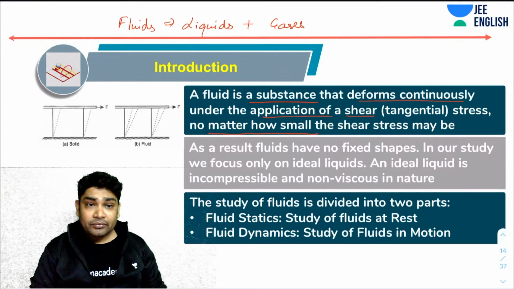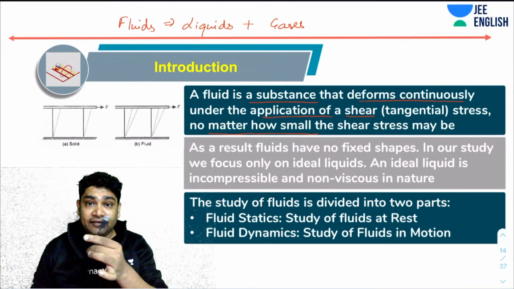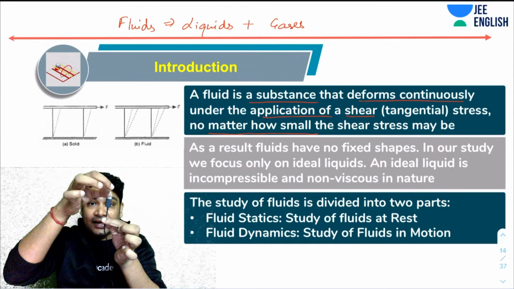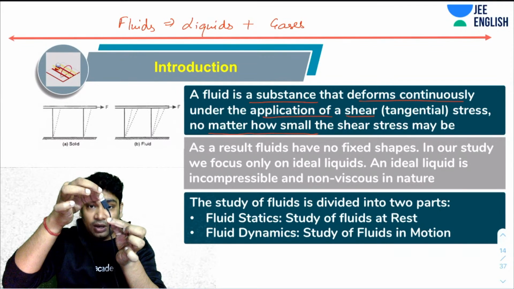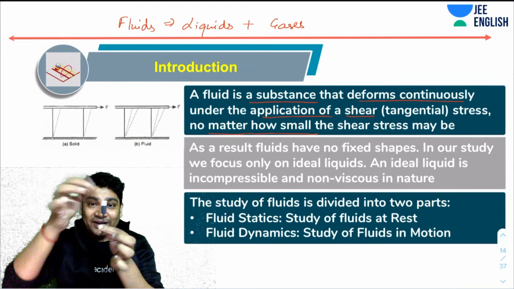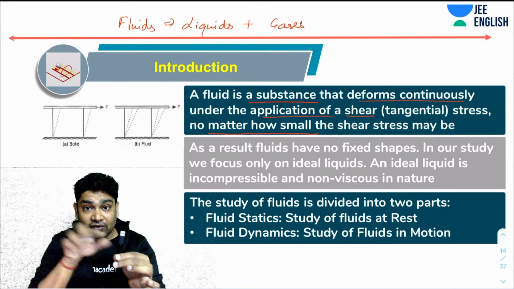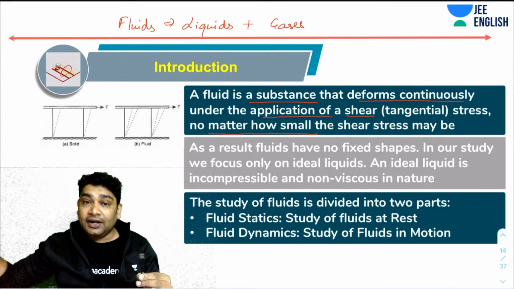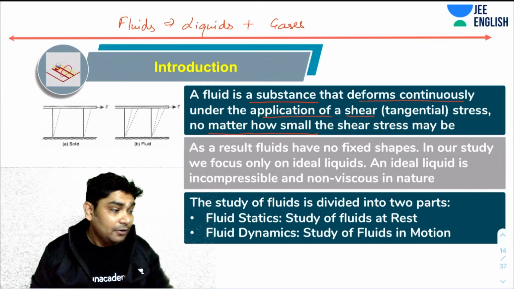All right. So again, as I was showing you the deformation here, if I apply a small amount of force, then you realize it does undergo a small amount of deformation and then it stops, right? It does not go on deforming. On the other hand, if this was a liquid and if a liquid surface was tried to deform, it would have continuously gotten deformed for as long as the force acted.